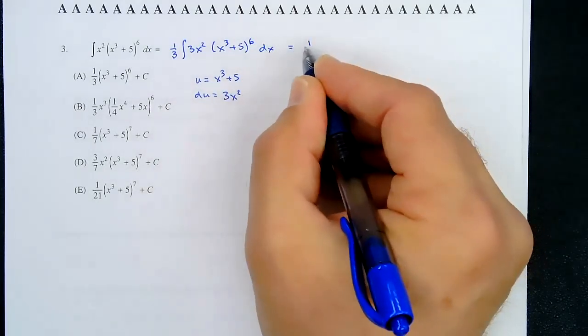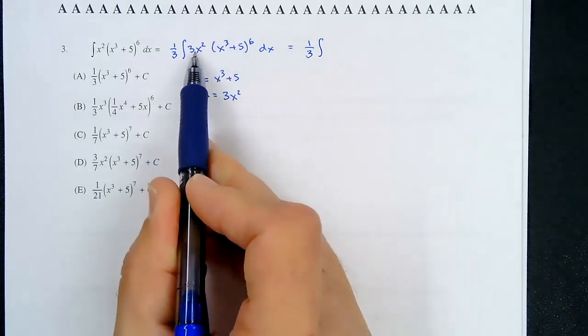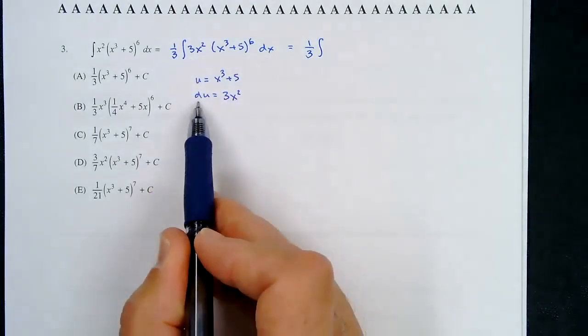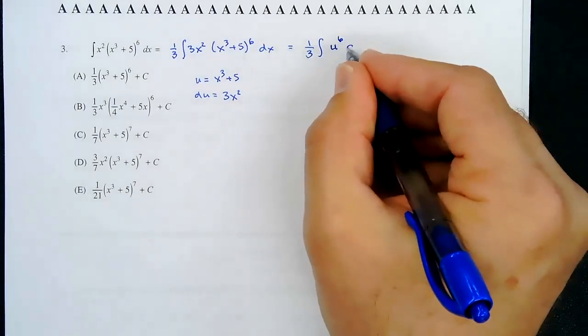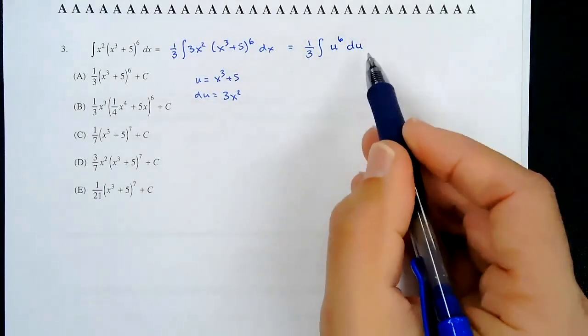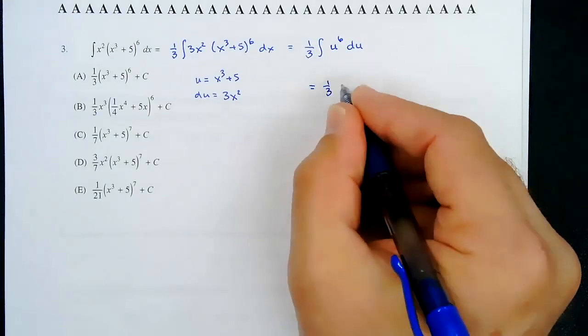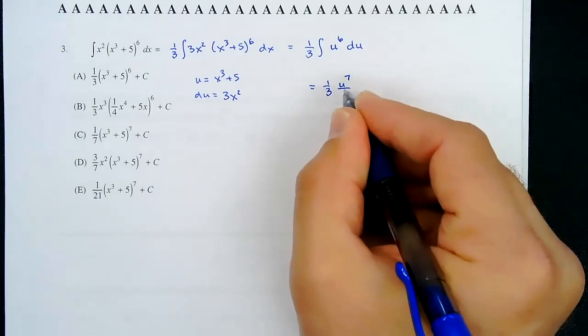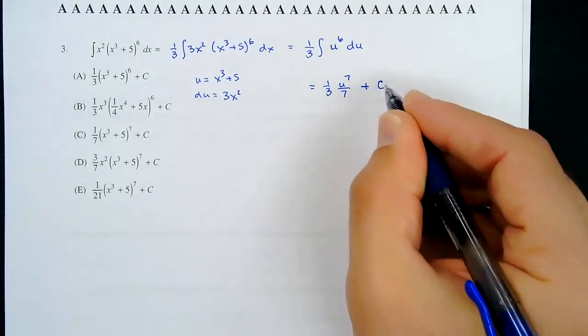And so this becomes 1/3 the integral, and the 3x squared along with dx becomes my du. So really this is just u to the 6th du, and then we can just apply the power rule for integrals, and this would be 1/3 u to the 7th over 7, and then plus some constant c.